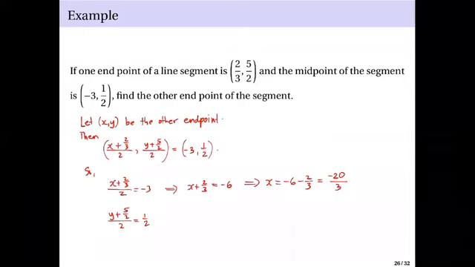If you simplify this, you should get -20 over 3. And then for the y, you have y plus 5/2. You multiply both sides of the equation again by 2. So this must be equal to 1. Then you solve for y. You have y equals 1 minus 5/2. Calculate this, you should get -3/2.